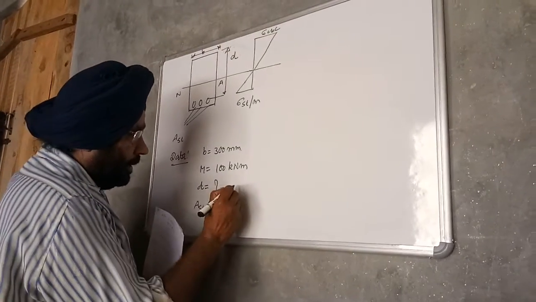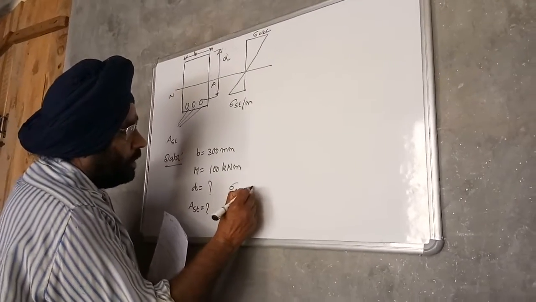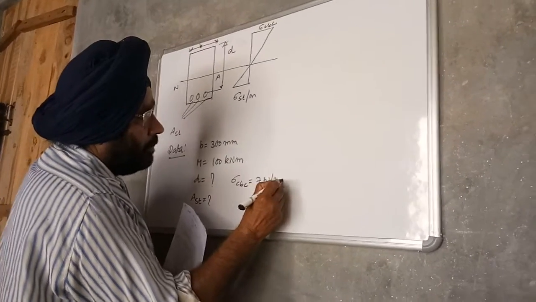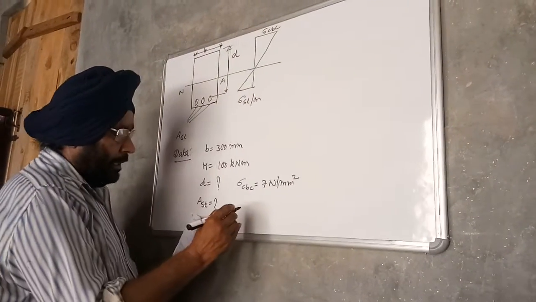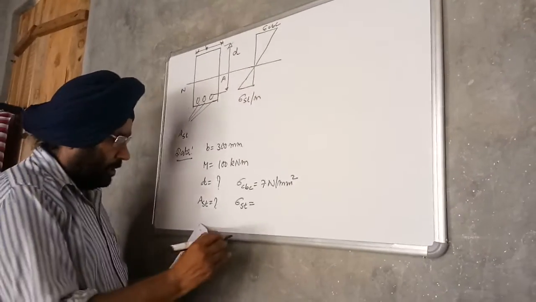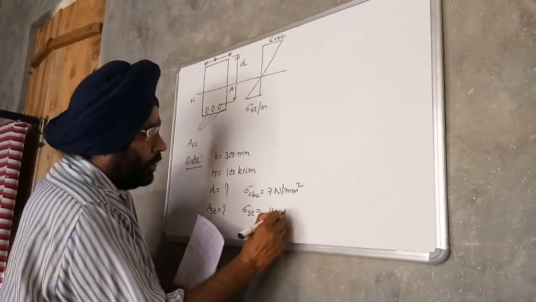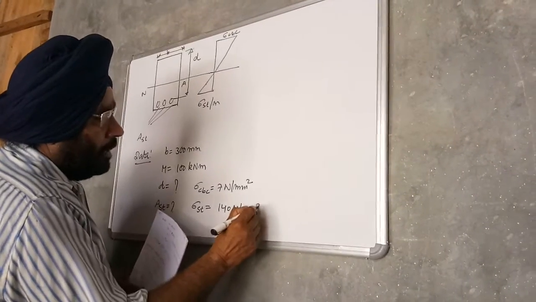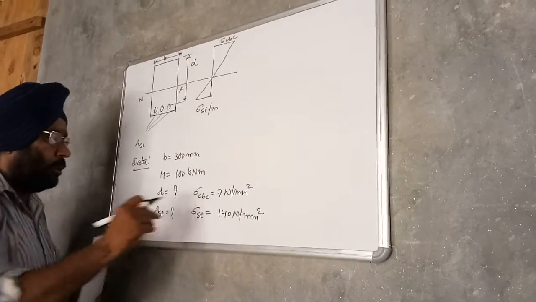M20 grade concrete means sigma CBC, its value is 7 Newton per square millimeter, and for mild steel, sigma ST is 140 Newton per square millimeter. So this much data is given to us.